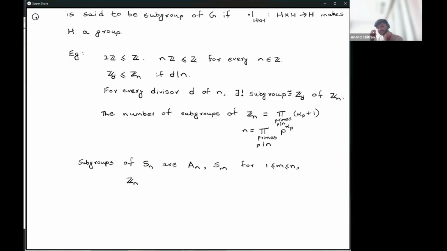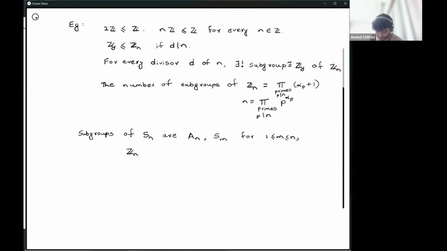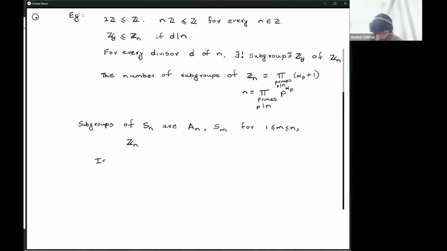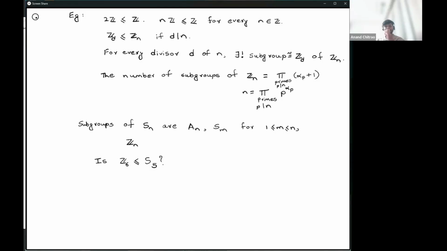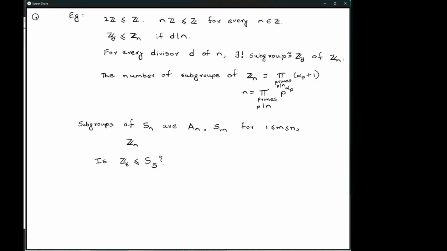Okay, is Z6 isomorphic to a subgroup of S5? So what's the answer? Yes. How? Because S5 has an element of order 6. Yeah, what is that element? (1 2)(3 4 5).